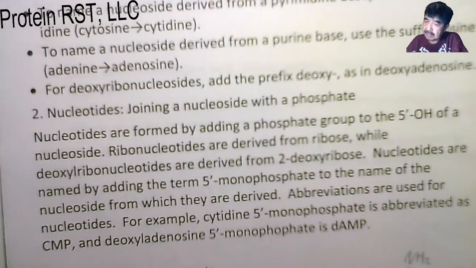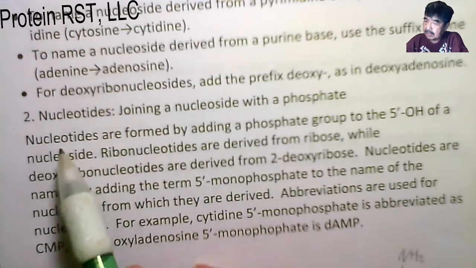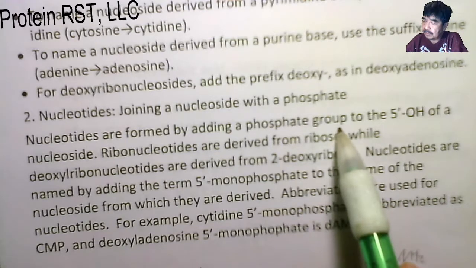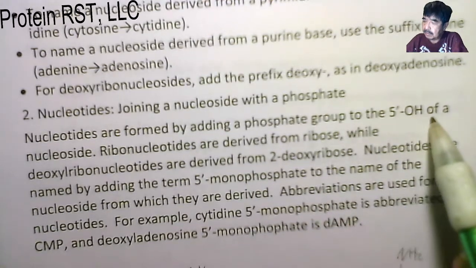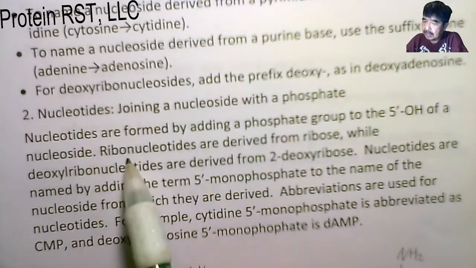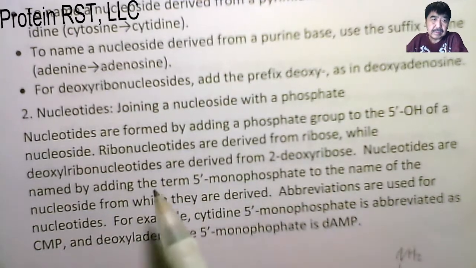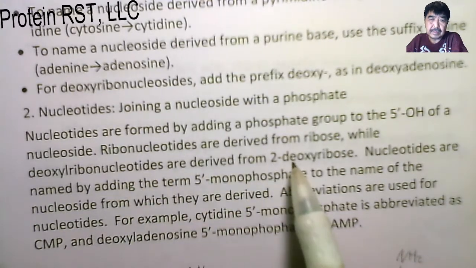Next, let's take a look at the nucleotides. Nucleotides are formed by adding a phosphate group to the 5' hydroxy group of a nucleoside. Ribonucleotides are derived from ribose, while deoxyribonucleotides are derived from deoxyribose.